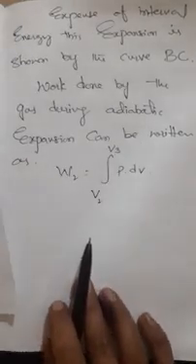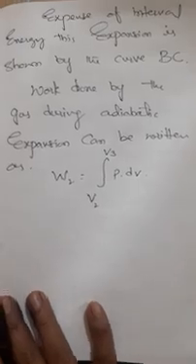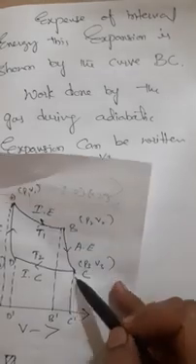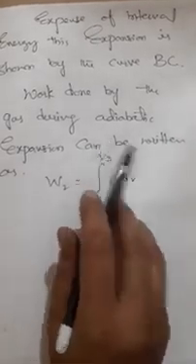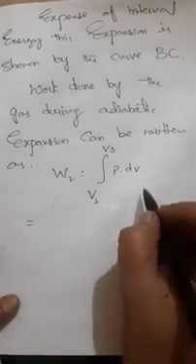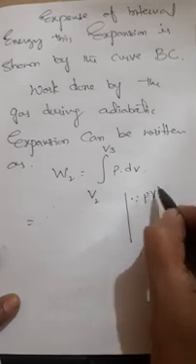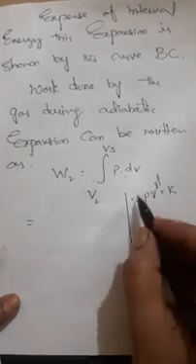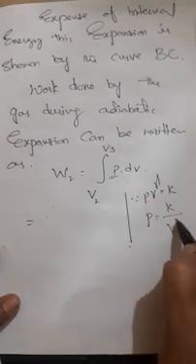Now we have to calculate the work done by the gas during the adiabatic expansion. We know that work done can be written as the integral of P dV, and here we consider B to C, so the volume goes from V2 to V3. In an adiabatic process we can write P V to the power of gamma is equal to K. We need the value of P, so P is equal to K by V to the power of gamma.